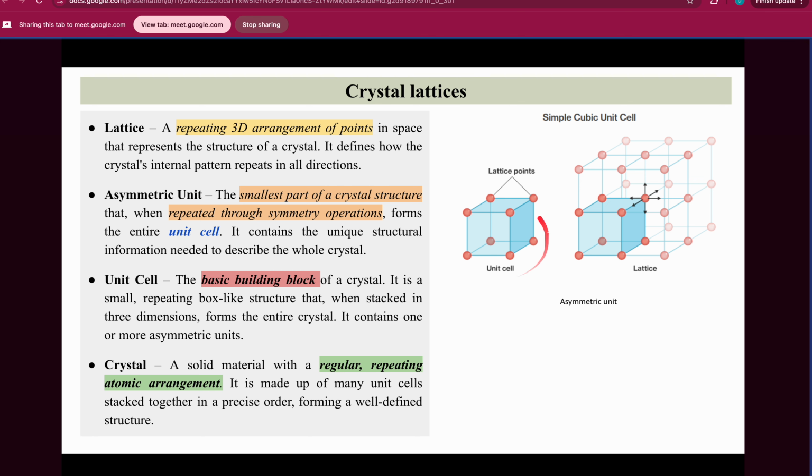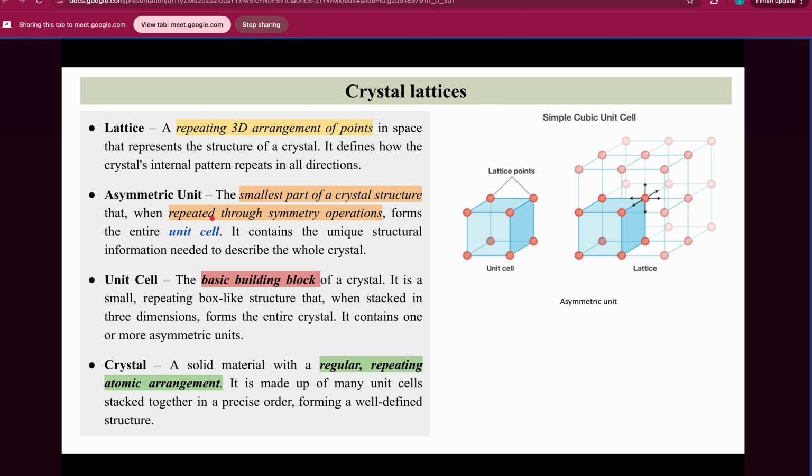Then comes the concept of the asymmetric unit. This is the unit cell, and the asymmetric unit is even smaller. It is the smallest part of the crystal structure, which is repeated through symmetry operations. With symmetry we repeat the smallest unit, and then they compose the unit cell, and multiple unit cells compose the lattice.